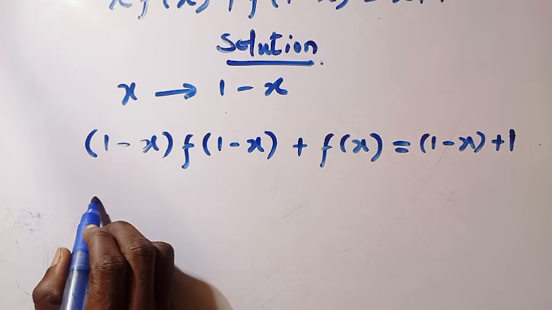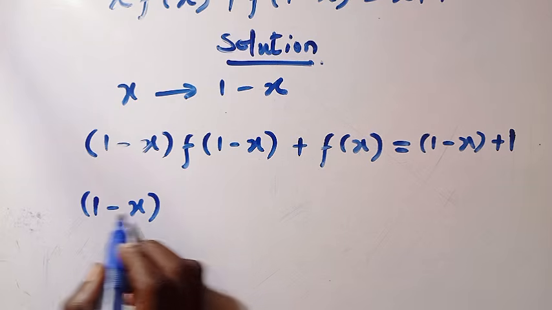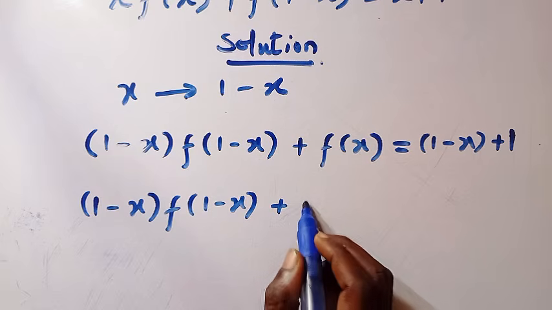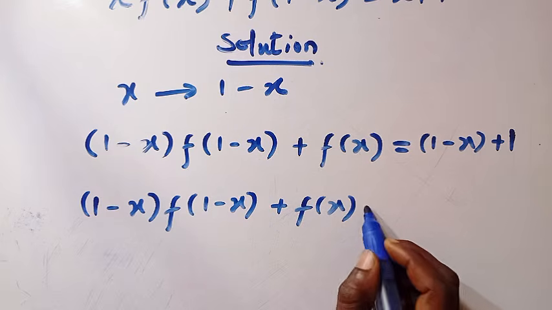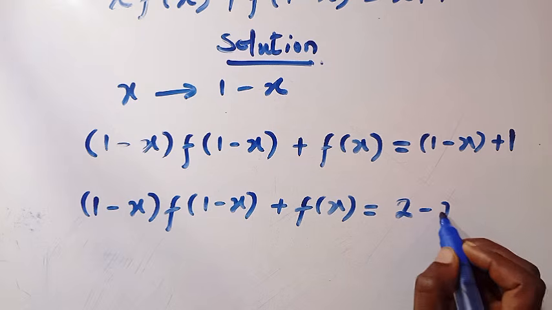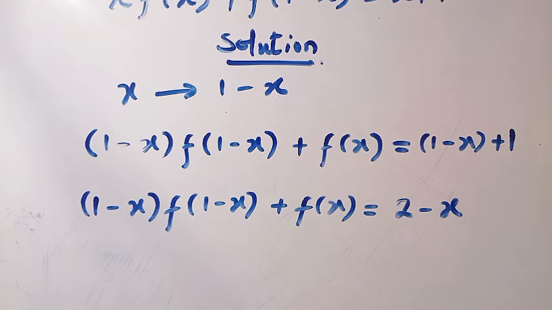Then this is 1 minus x multiplied by f of 1 minus x plus f of x equals 1 plus 1, that gives us 2, then minus x. So we now have two different equations.